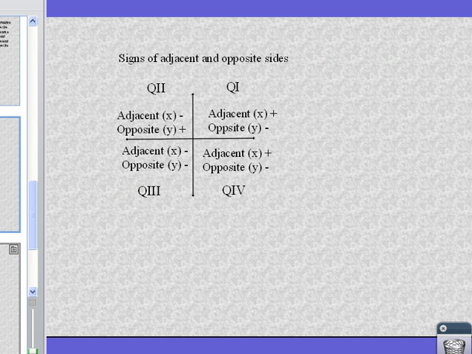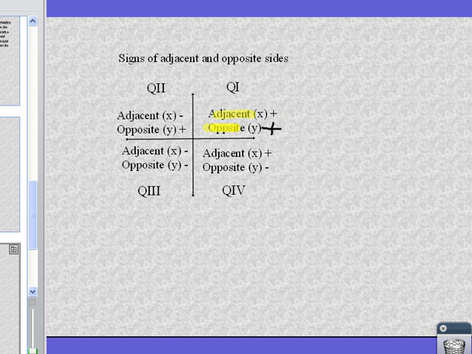And this is a summary. What are going to be the signs of your x and y coordinates, which define the signs of your adjacent and opposite sides? Adjacent and opposite are both positive in quadrant 1.